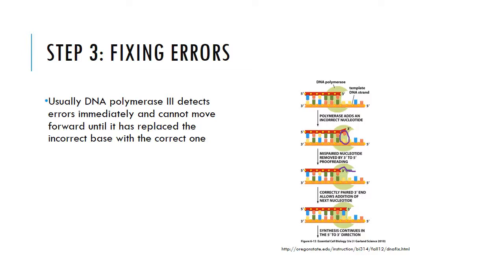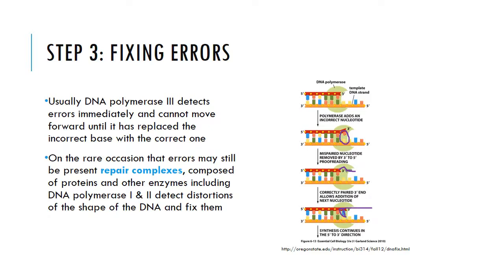And DNA polymerase 3 generally will not move on. What it will do is it will take out the wrong base and it will put in the correct one so that hydrogen bonding can occur and the DNA molecule is nice and straight. So generally DNA polymerase 3 is able to do that.